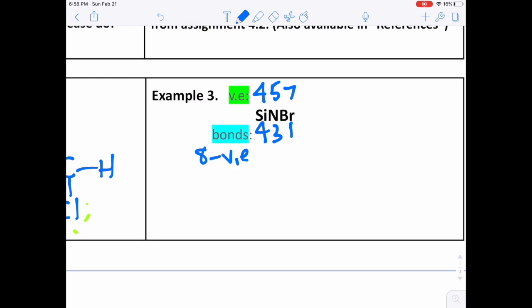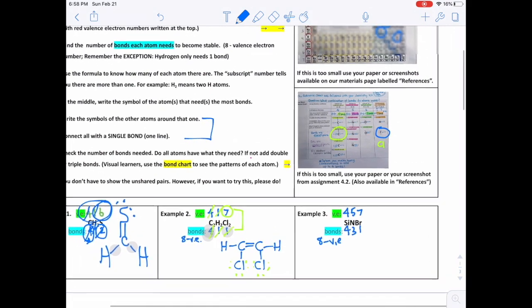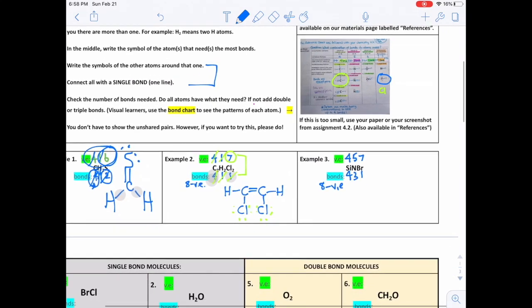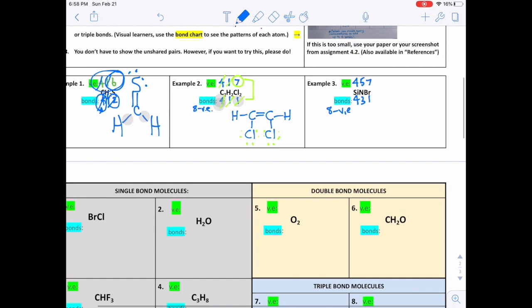The next step, if you don't remember, you can look up here, but we want to put in the middle, where it's circled, number 4, write the symbol of the atom that needs the most bonds. And we have silicon with 4, so I'm going to put that first. But N also needs a lot of bonds, so I'm going to put N, and I'm going to connect those.